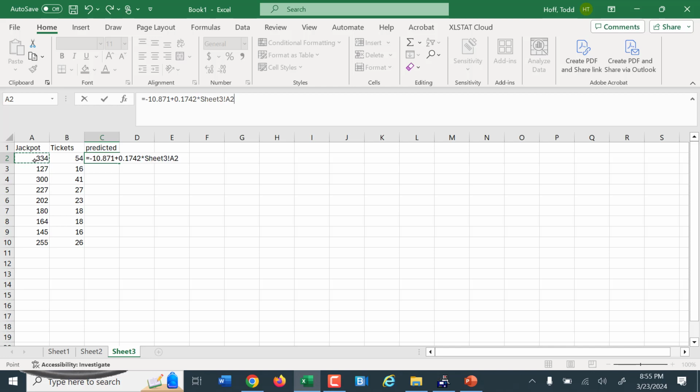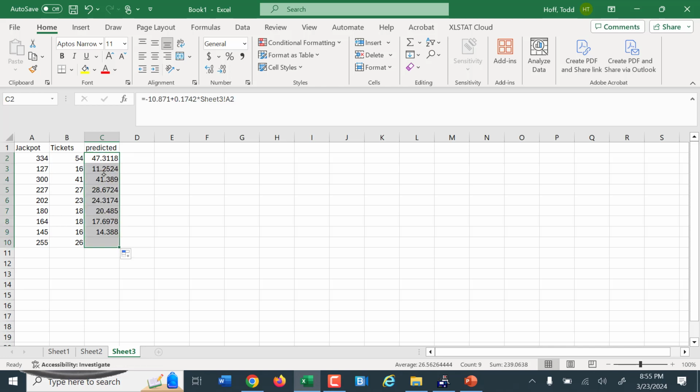That's the jackpot value. So I get a predicted value there of 47.3118 million. And I do that for all of them. So this one would give me a predicted value of 11.25 million.